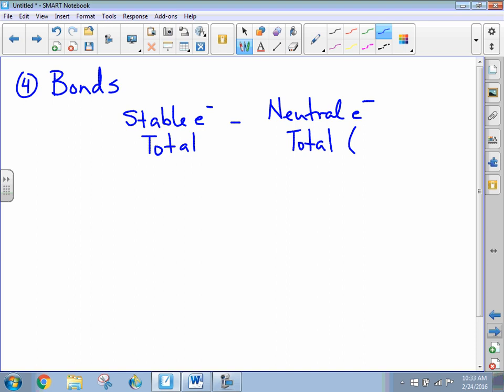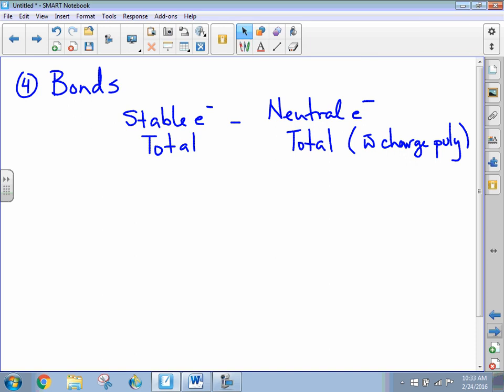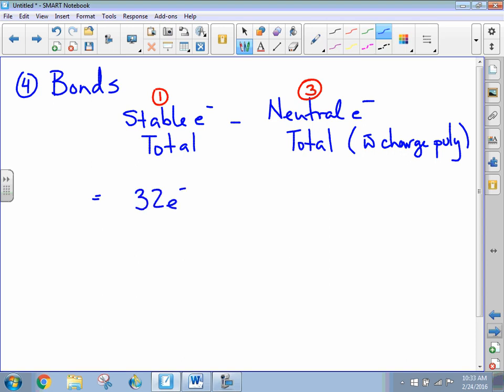If you're doing polyatomic ions, that's your number with charge, which is for today's lesson. So for us, it's 32 electrons minus 24 electrons, which gives us 8 electrons.